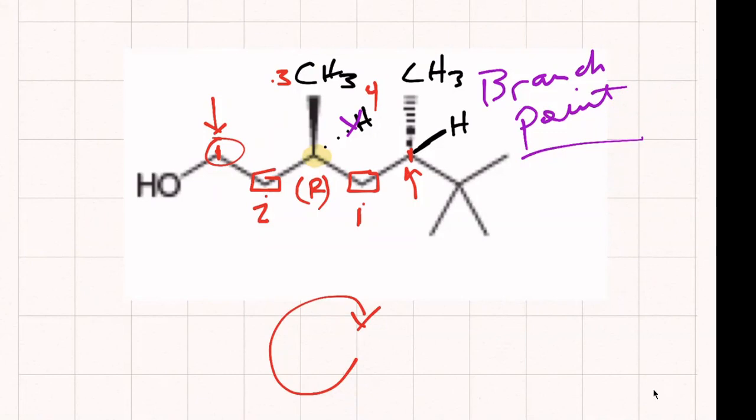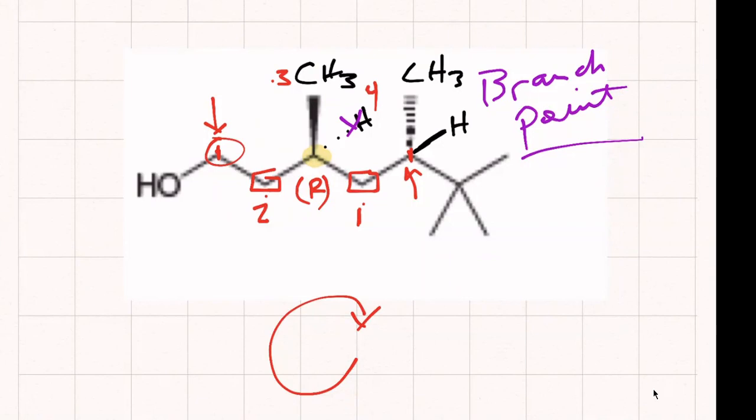Yes. I have a question about it. Go ahead. So going from this carbon that's below the CH3 branch point. Say that one more time, you kind of cut out at the end. So going from the carbon that's below the CH3, regardless of the branch point, where would it go next? I'm not sure I understand the question. So you're talking about the chiral center that I have highlighted, right?